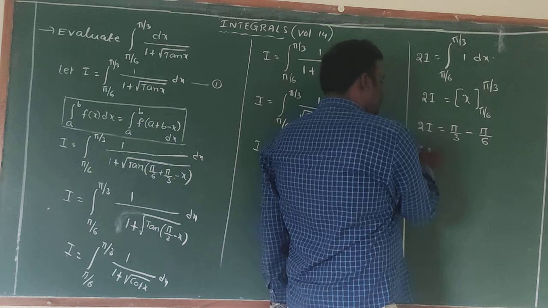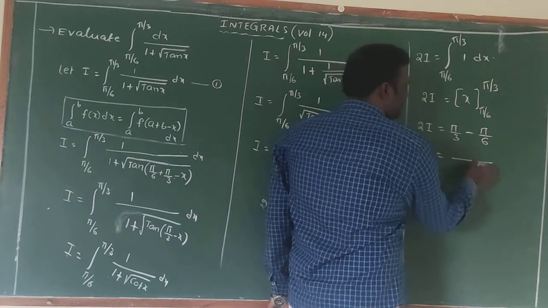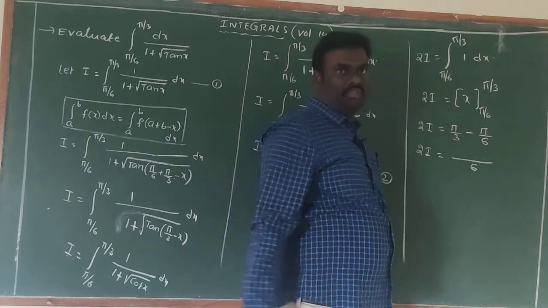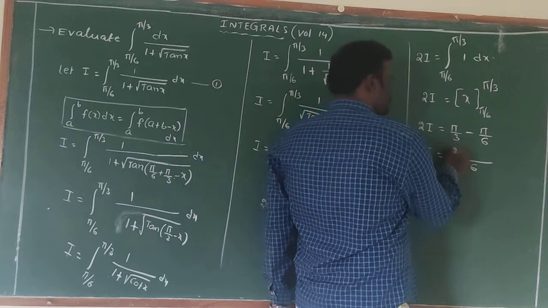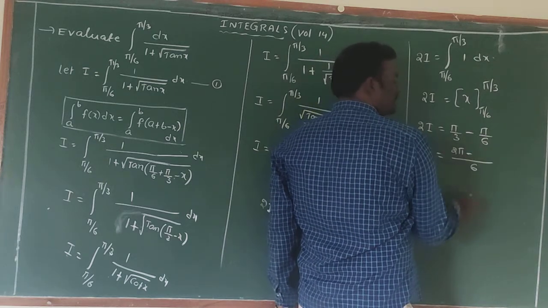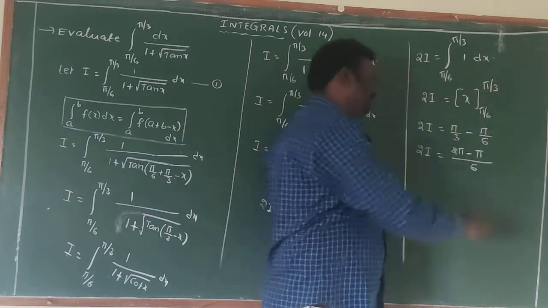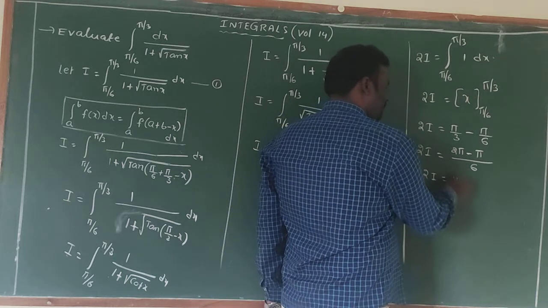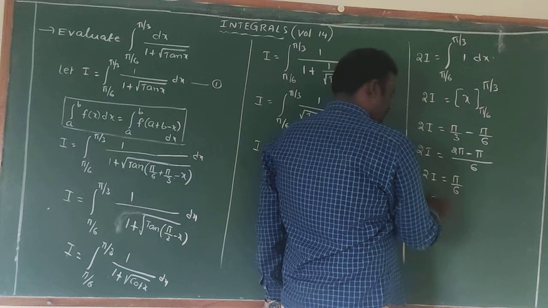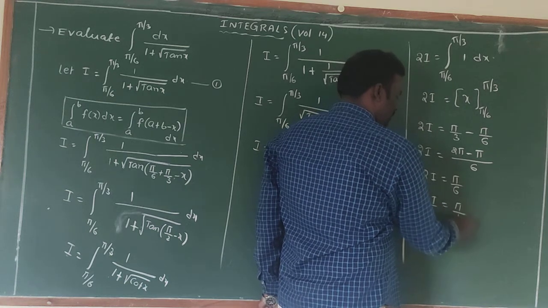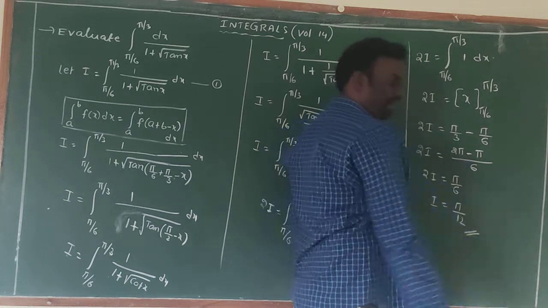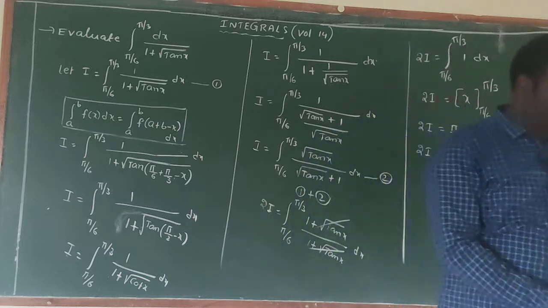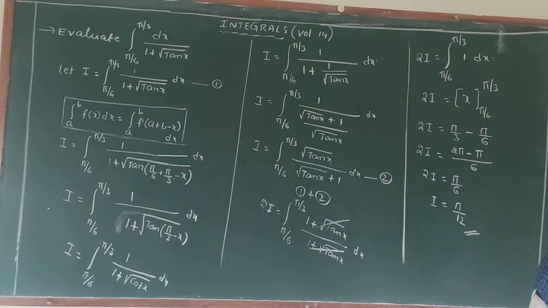Now, what is the LCM of 3 and 6? 6 is the LCM. 3 you multiply 2 times, minus 6 multiply 1 time. Then 2I is equal to pi by 6. Then I is equal to pi by 12. This is the answer for this question.